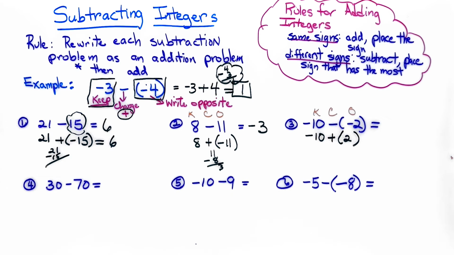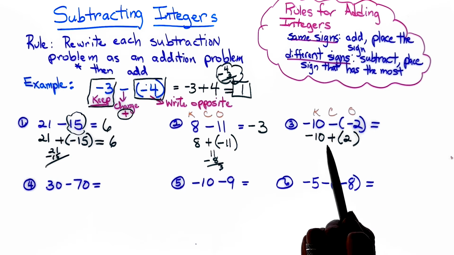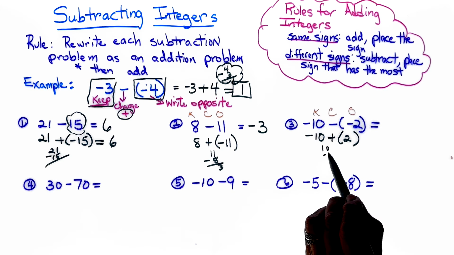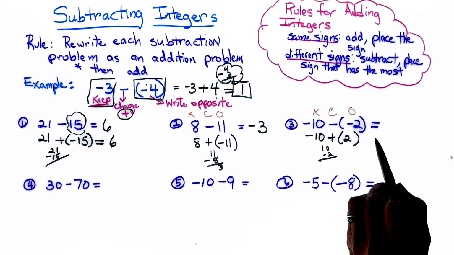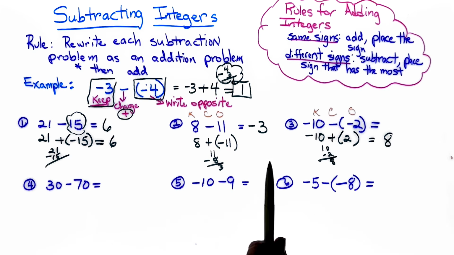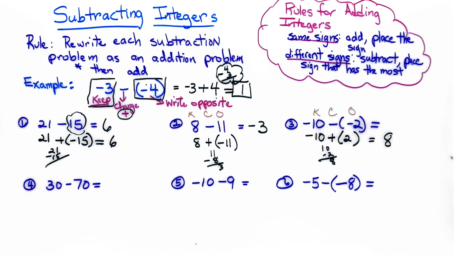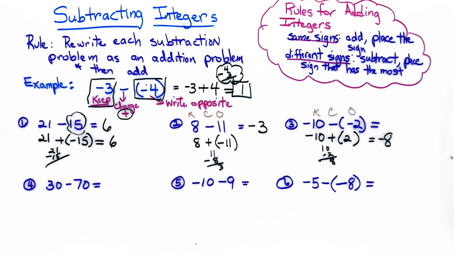So now what I'm going to do is just look at those numbers, not even worrying about the signs, and I see they're different, negative 10 plus 2, so I have to subtract. So I'm thinking 10 minus 2, and the answer is, we know, 8. And now I'm going to see, which do I have more of? A positive or a negative? And I do have more negative, so the answer is a negative 8.